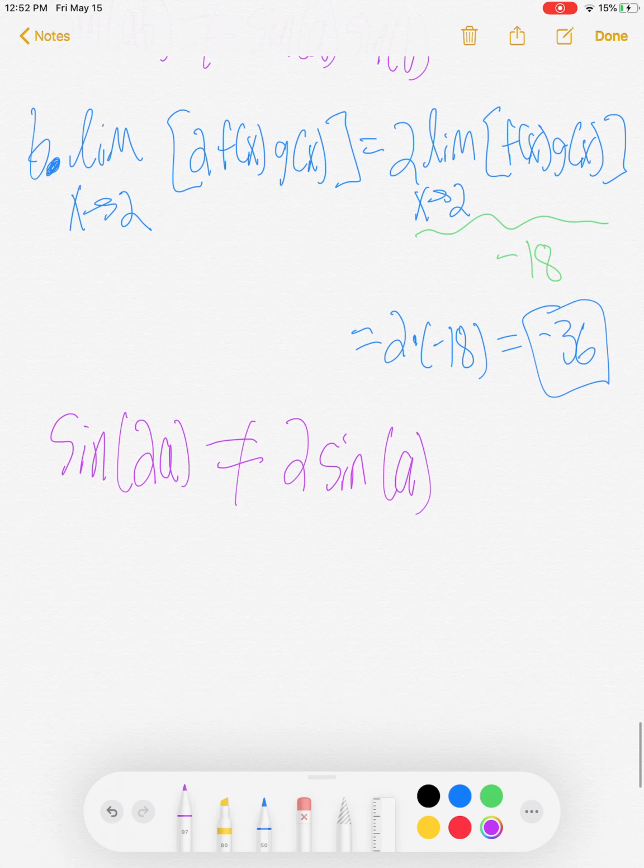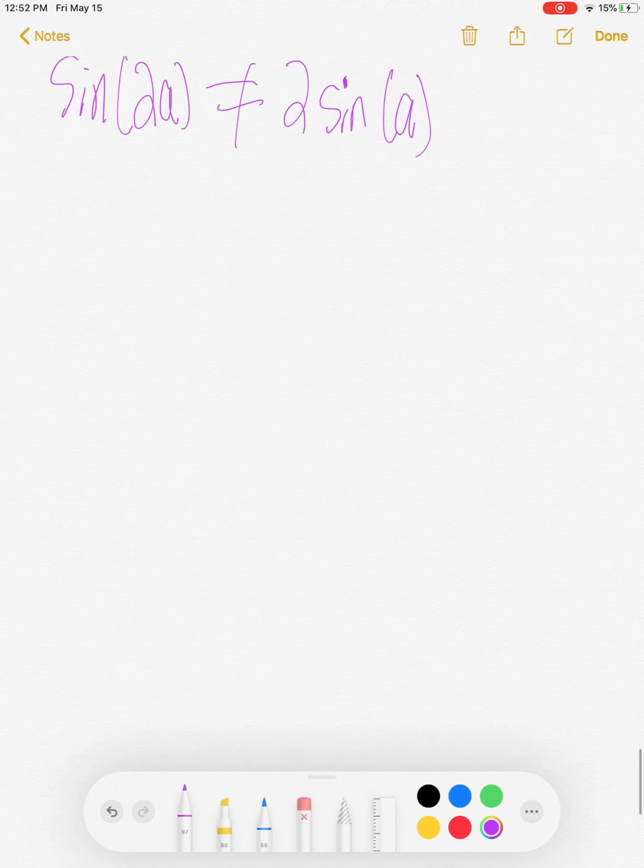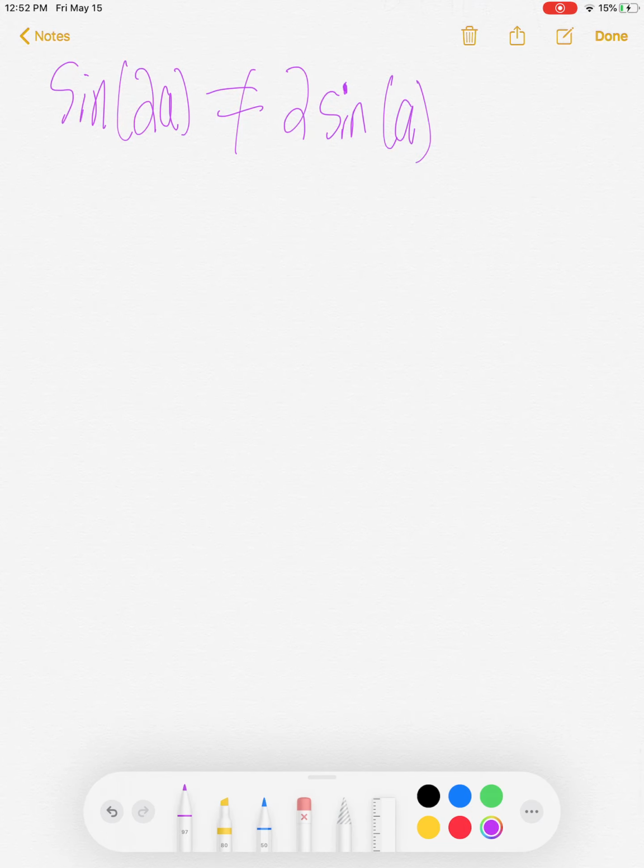But in general, this is not always going to be the case. I cannot just pull that 2 out front of the sine. I'm picking sine here just because it's a function which we're all familiar with. However, the point is that this is just not going to be true in general, okay, with any function. However, limits are nice, and they allow us these very nice properties.